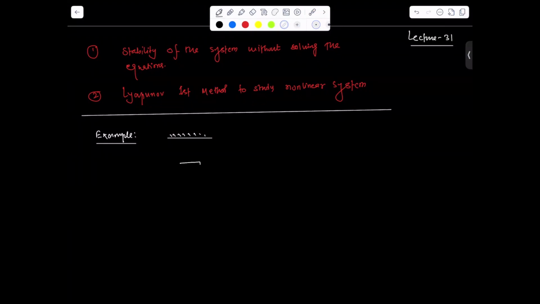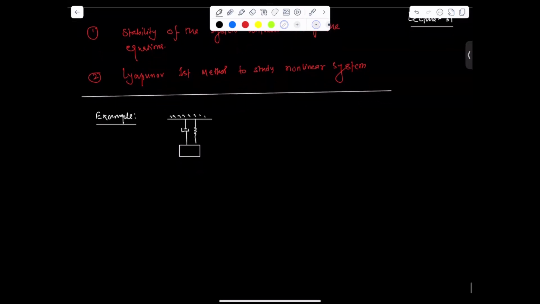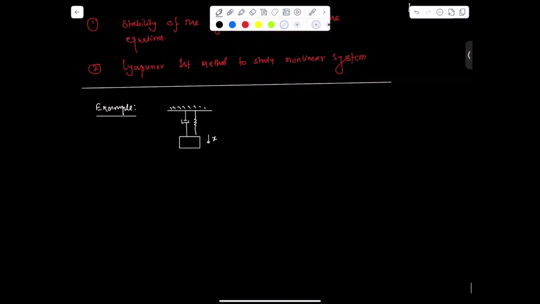The mass is attached to a wall via the spring. This is the spring, and this is the damper. And the position of the mass, let's define x from the equilibrium point.